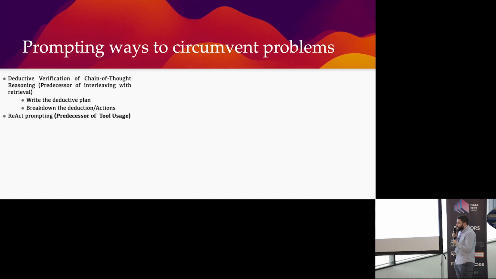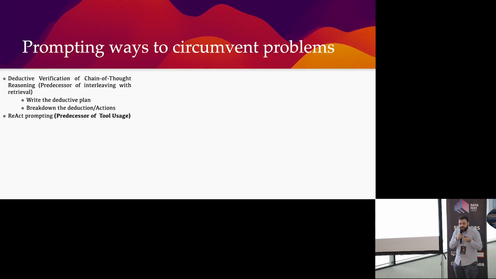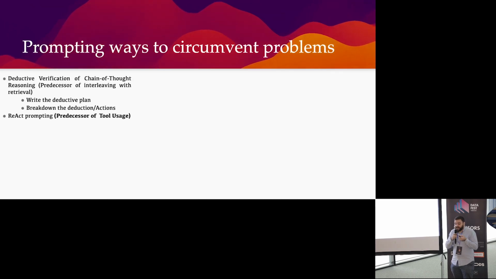There is something called ReAct prompting, the predecessor of tool usage, which says, let's actually create the reasons and then create an action plan. In the context of tool usage, this would be: which tools should I use in succession, and let's see what observations these tools give me after the usage.